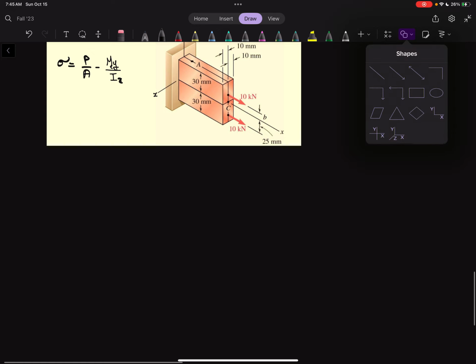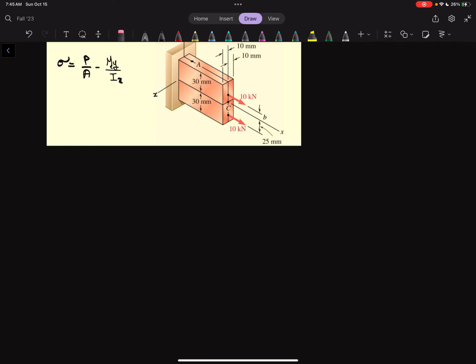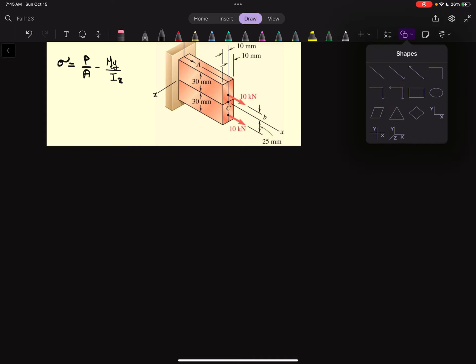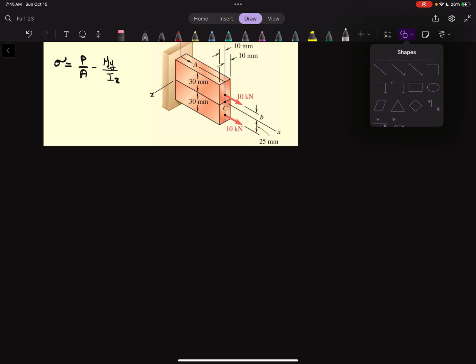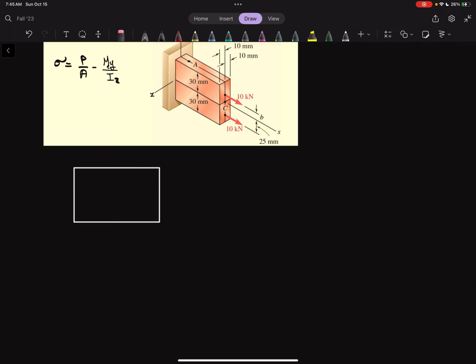So let's make a new depiction of this, because I feel like it's important to be able to visualize it. So here we have our fixed support here, and we're going to have our x-axis here.